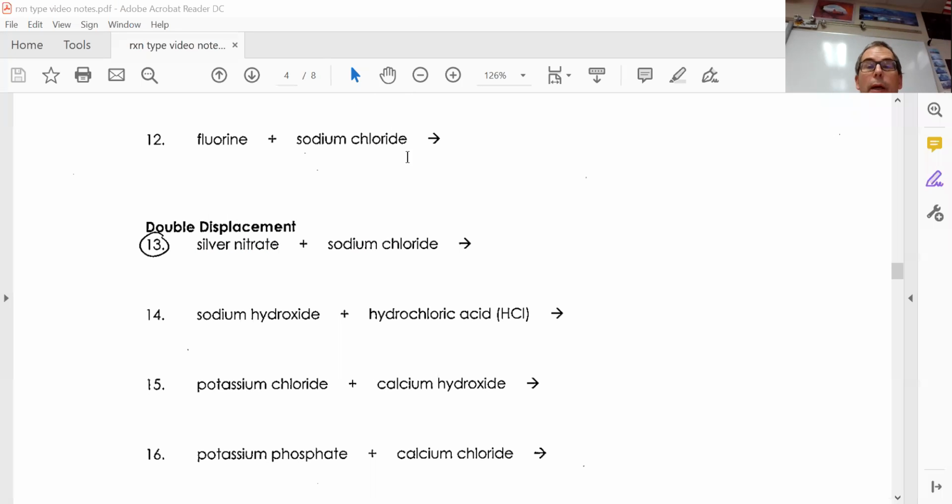Let's do that quick and say that's going to form silver chloride, plus sodium nitrate. Okay, it didn't quite fit in there, so let me just get rid of that.